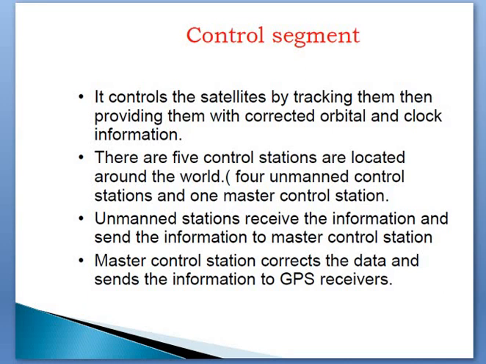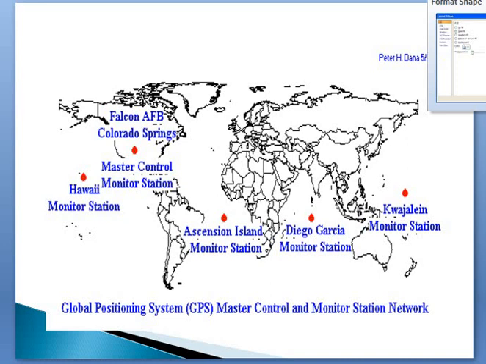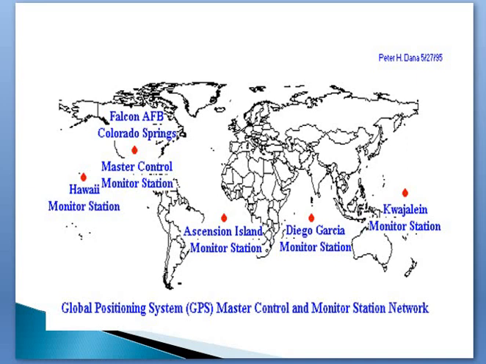It tracks the GPS satellites, uploads updated navigational data, and maintains the health and status of the satellites. In this slide or picture, we can see the different master stations and monitor control stations all over the world.